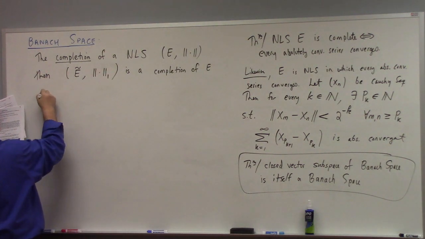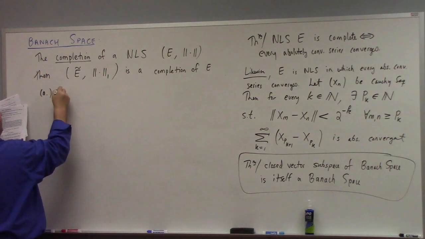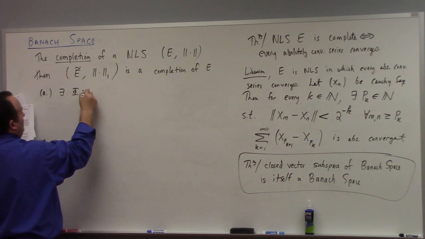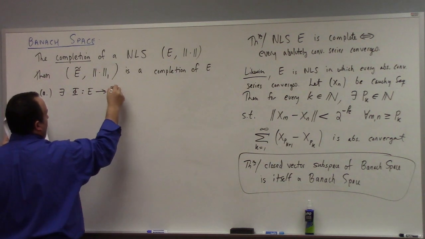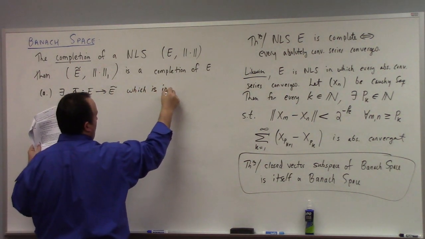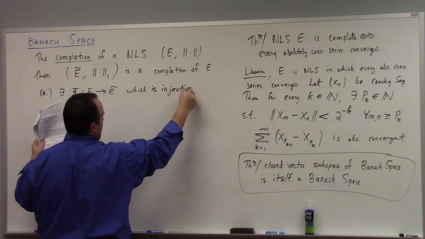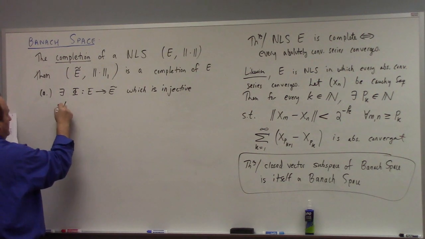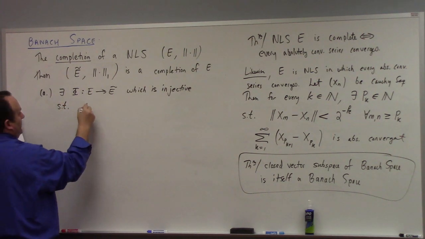A: there exists phi from E to E tilde which is one-to-one, injective, such that, more than that, it's linear.